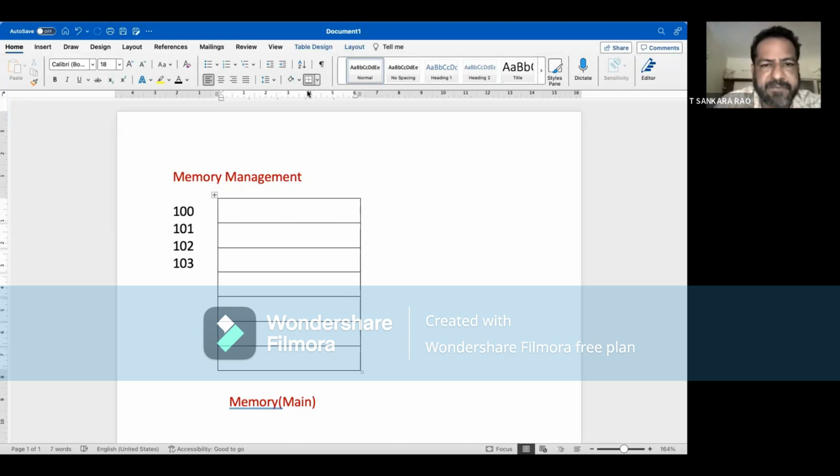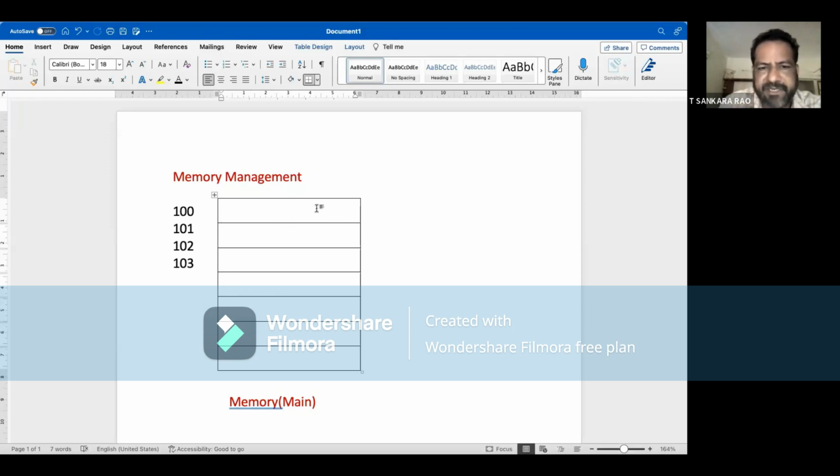And not only user processes but also system processes; even the operating system is stored there. So generally some portion of the memory is set aside for the operating system, and the remaining area is the user area. We must also know where the OS is stored, from which address to which address, and where each user process is stored.